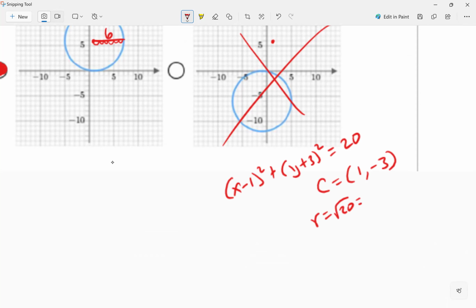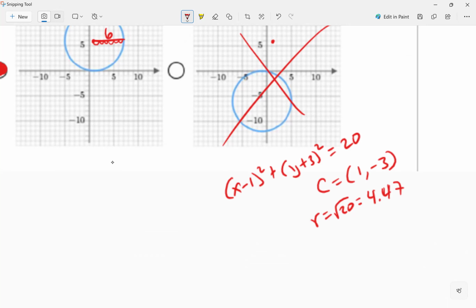I grab my calculator and ask, what's the square root of 20? My calculator says it's about 4.47. So when I'm graphing it and I'm counting 4 point something, in this case 4.47, I'm going to go more than 4, less than 5.